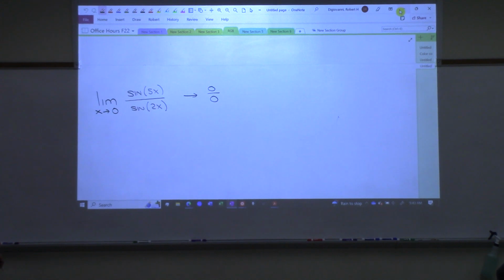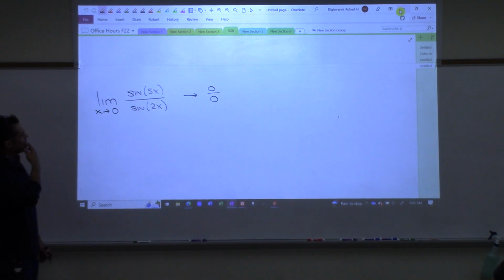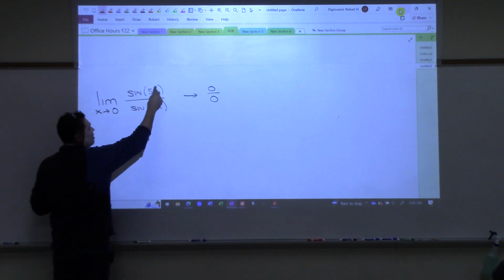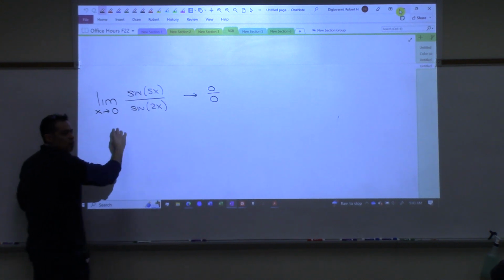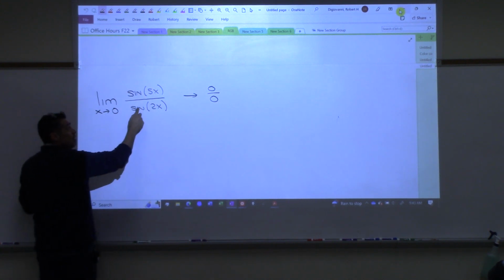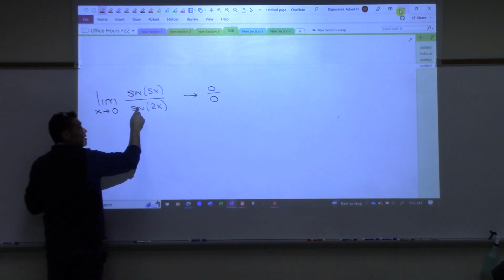But what would our junk be, right? Anyone see what I'm talking about? Like, this is a little weird, right? This is the junk, right, in this one? So we would need what on the bottom in order for this thing to turn into a 1?